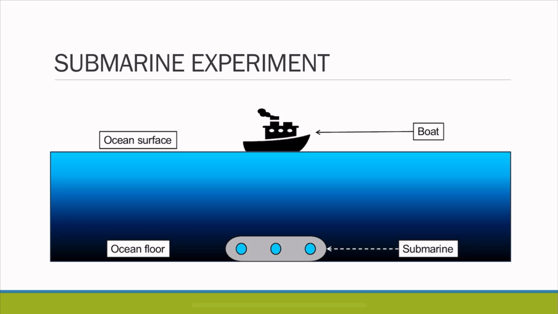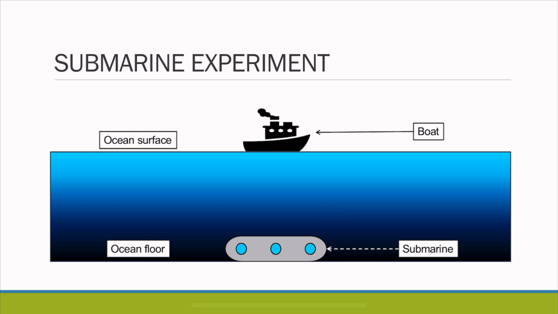So, here's a schematic. The submarine is on the ocean floor and we're assuming a depth of, let's say, 3,000 or 4,000 meters. It doesn't matter. And both have the task to measure the speed of sound. Now, the speed of sound is going to be the same in both cases because the conditions are maintained the same. Both are measuring the same water, which is at the same temperature, same density, same pressure, so it's not going to change.